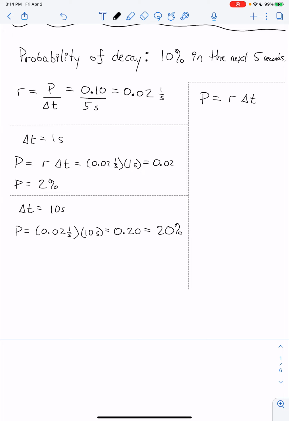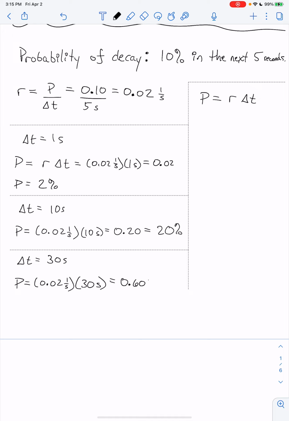So a much higher likelihood that the decay will happen in that amount of time. We'll do one more. What about if we wait 30 seconds? Then the probability will be our rate times our time, and that's going to be 0.60, or 60%. So there's a 60% chance of this decay happening in 30 seconds.